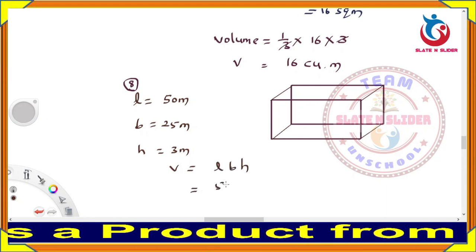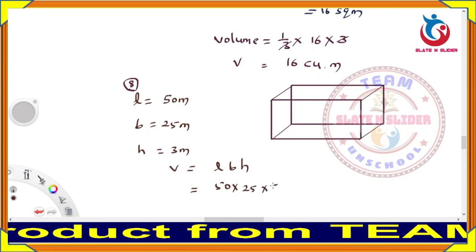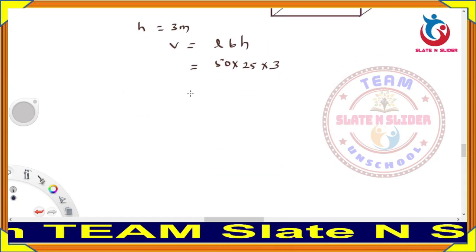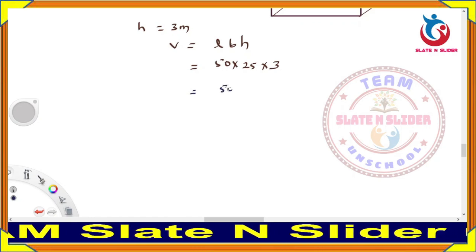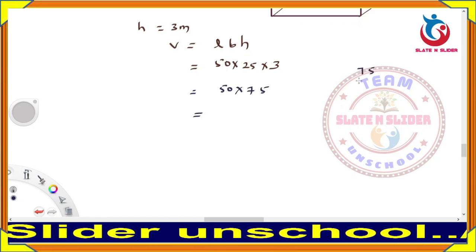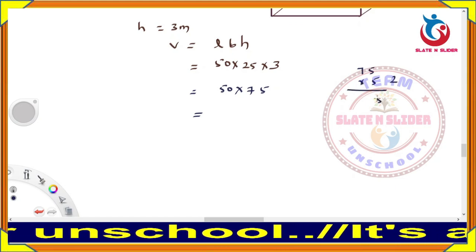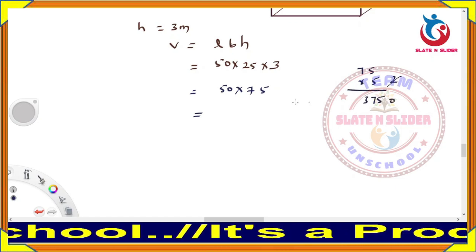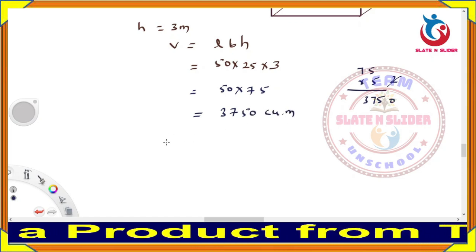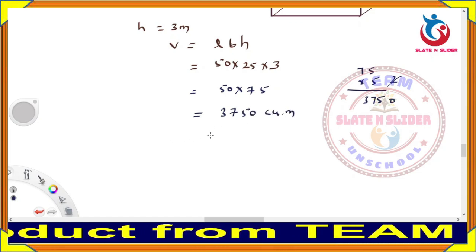Simplify. 50 into 75. So 3750 cubic meters, and we should find out the volume in liters.